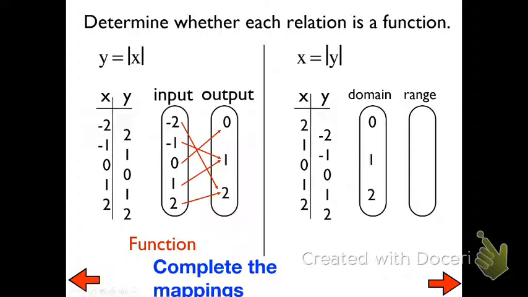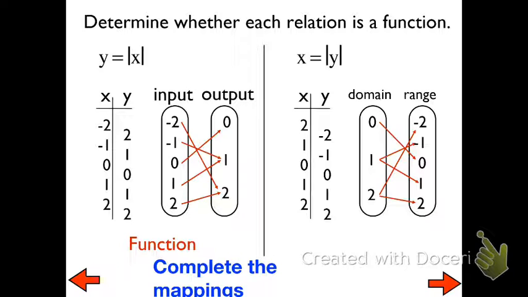So if we put our domain in and we put our range in, I want you to notice that when x is 1, when the domain is 1, it's going to 2 different possible numbers. And when x is 2, it's going to 2 different possible numbers. So this is like, there's 2 candy bars. I don't know which one I'm going to get.